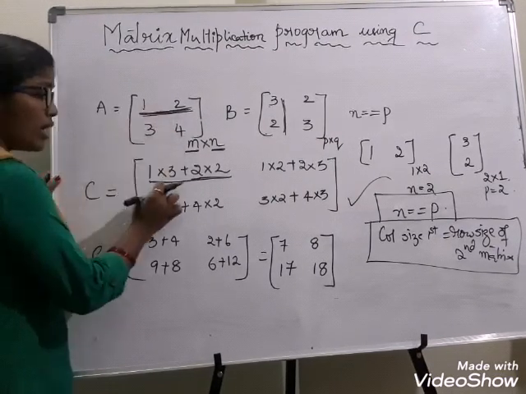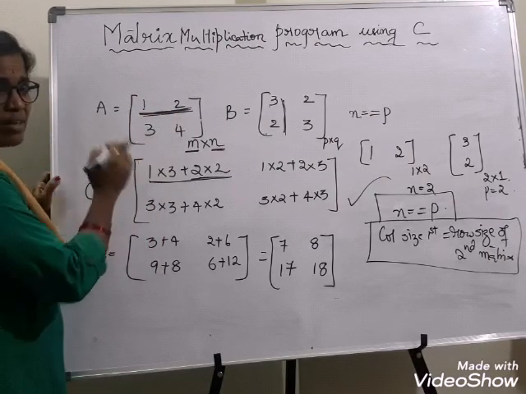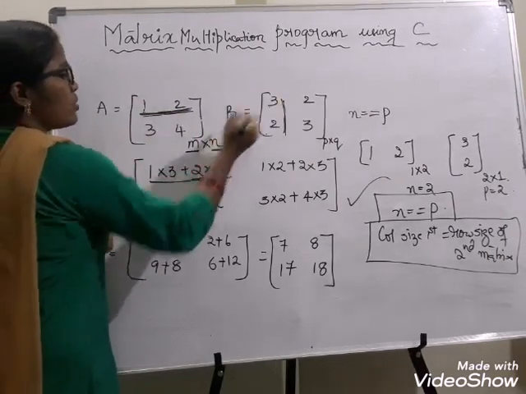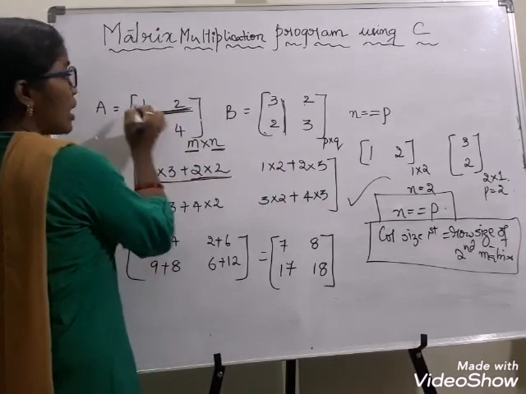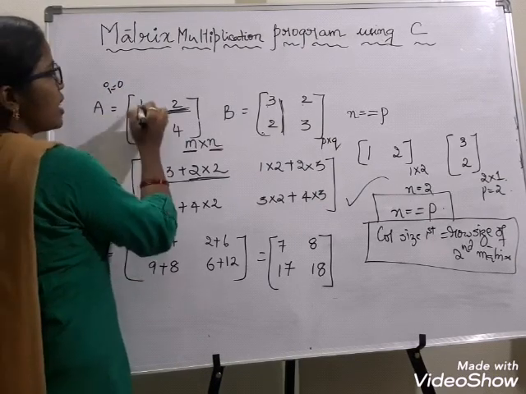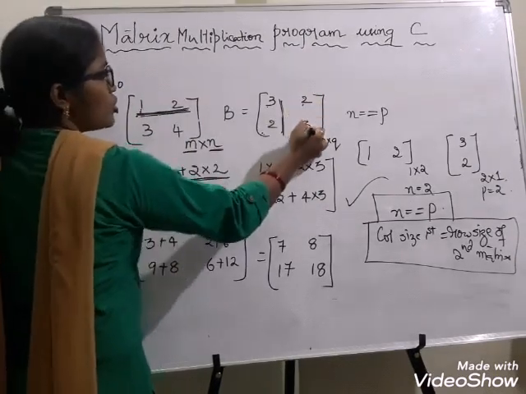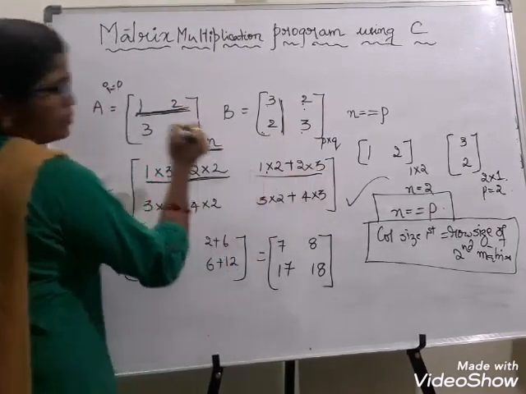So how will we do it? I will write the program. So first just see how the matrix multiplication will be done. So 1 into 3 plus 2 into 2. Next 1 into 2. That means still we are doing it with i equals 0. So with 0 I am doing it with 2 into 3. So 1 into 2 plus 2 into 3.